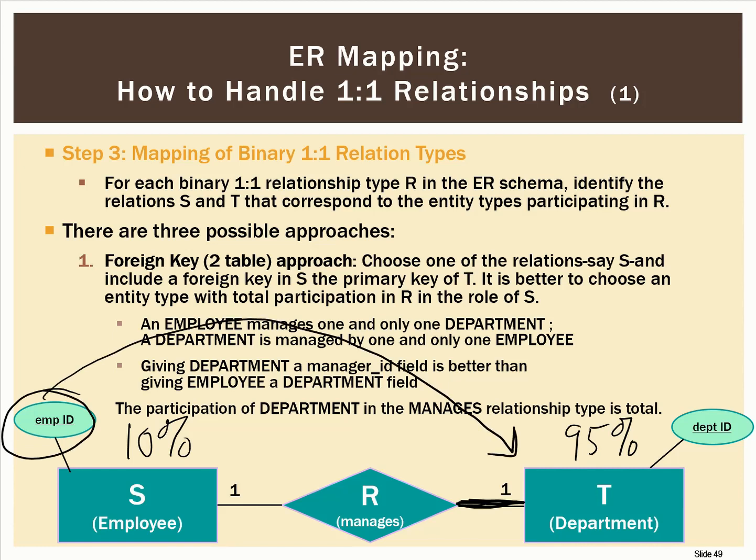Yes, there would be some nulls. 5% of our department records would have a null for the employee ID. But 5% of a smaller department table is a whole lot fewer nulls than 90% of an employee table. And this, in a nutshell, is one of the three ways to map a one-to-one: the foreign key approach, the two-table approach.